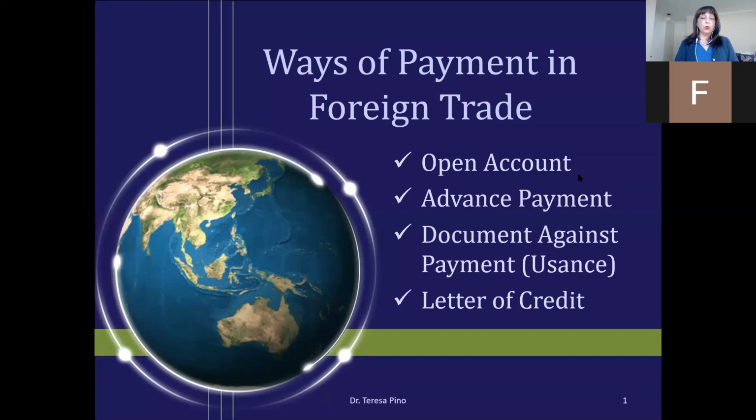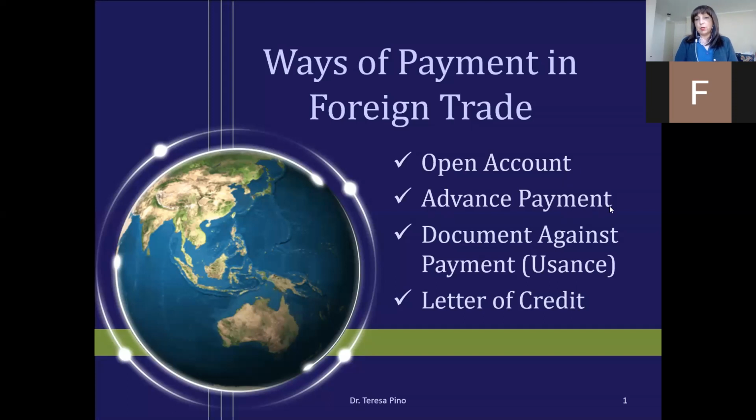That is to have an open account. However, you cannot count on having an import and paying it later if you don't know the other party. So this is only for companies or people who already know each other for a long period of time. And then we have the advance payment.